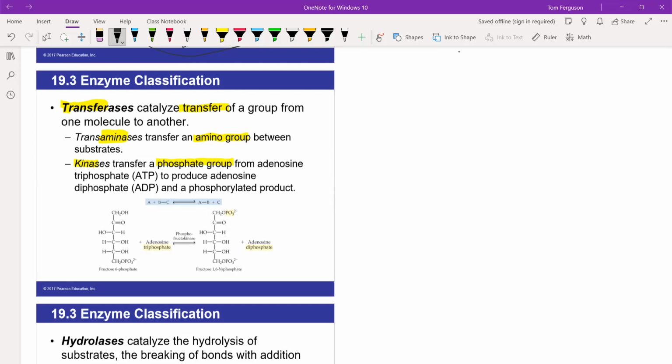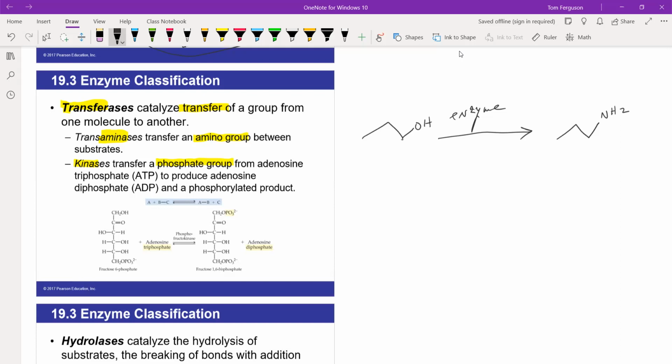So if we had something like this, what enzyme would transfer an amino group to here?